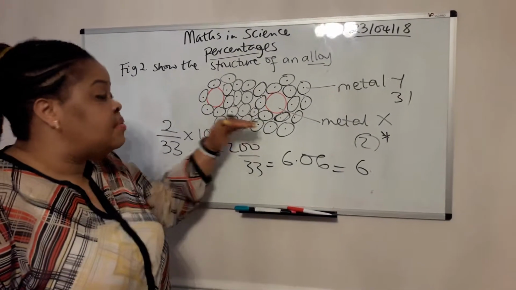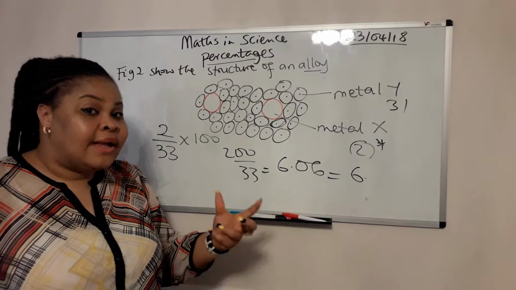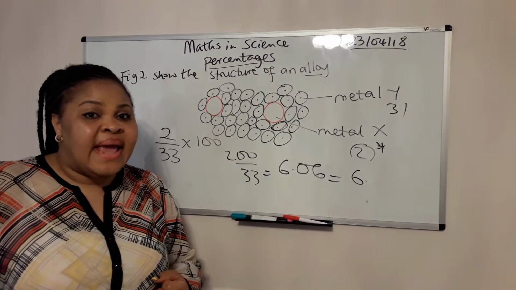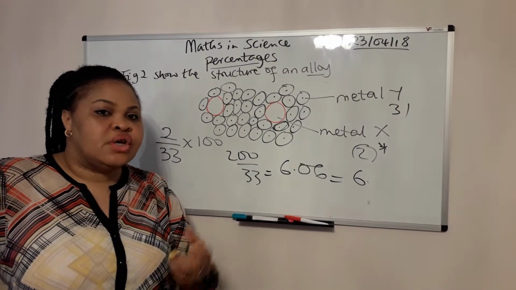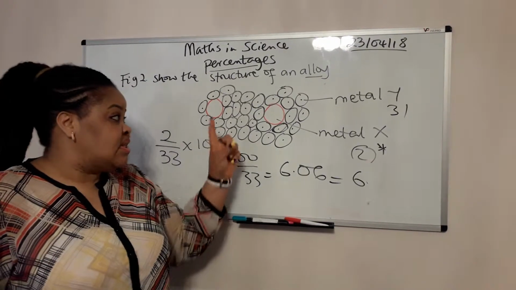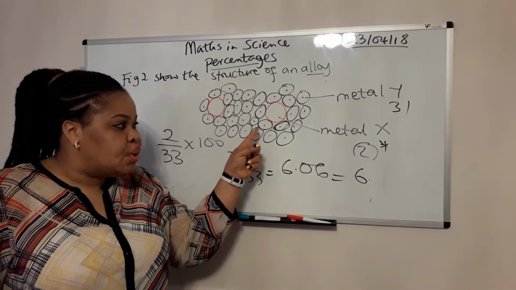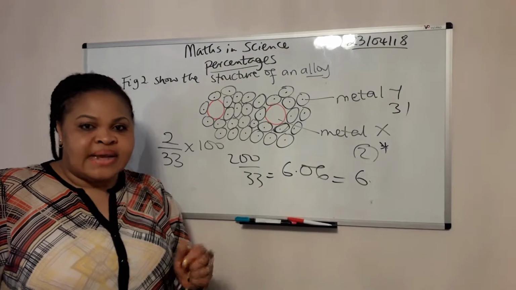So it will stop them from sliding over each other. That way, it would keep it in position and make it a stronger metal, because the sizes of the metal that has been mixed into it and the original metal are different.